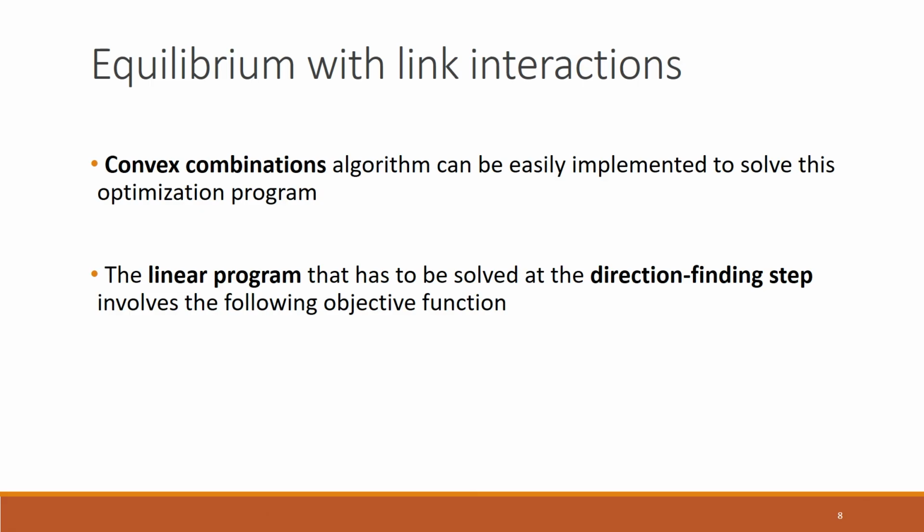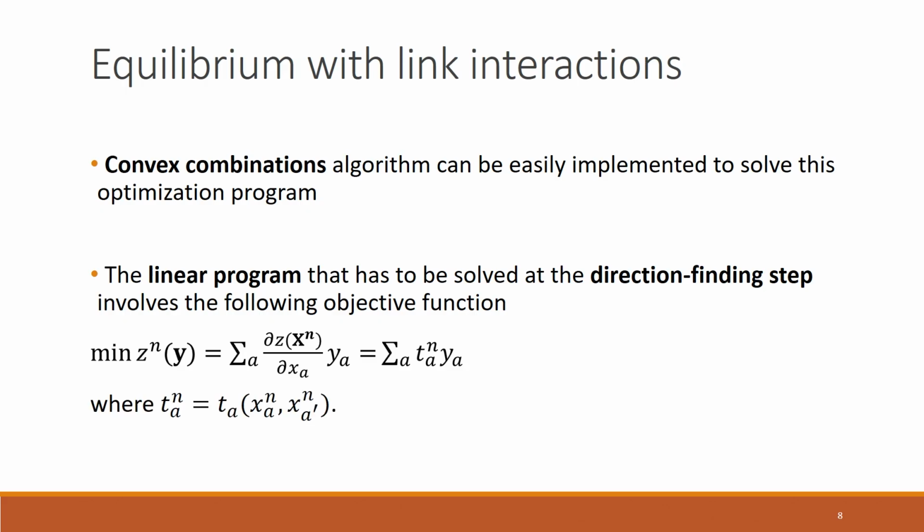In that one we usually solve a linear program. In this case the linear program will stay the same, just with the change that the travel time on link A is not just a function of the flow through that link, but it is also a function of the flow through the opposite direction link. So, t_A^n will actually be t_A, and it will be a function of x_A^n and x_A'^n.